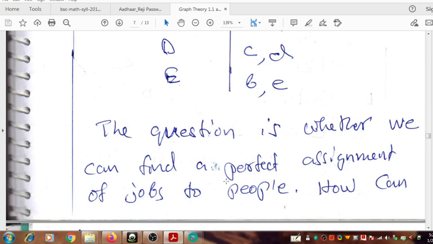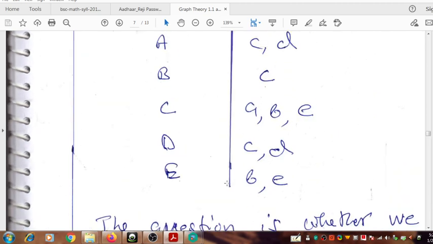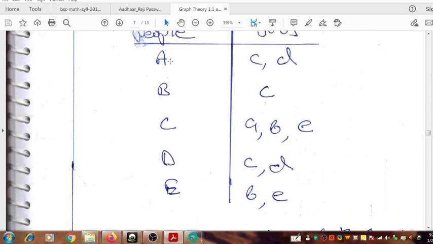A reason can also be given. Why? Because we take three persons, A, B and D, and look at the combined list of the three persons.